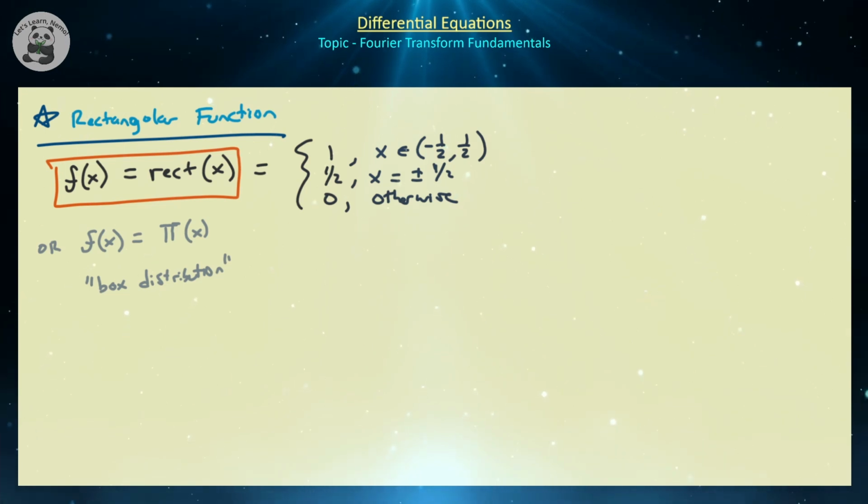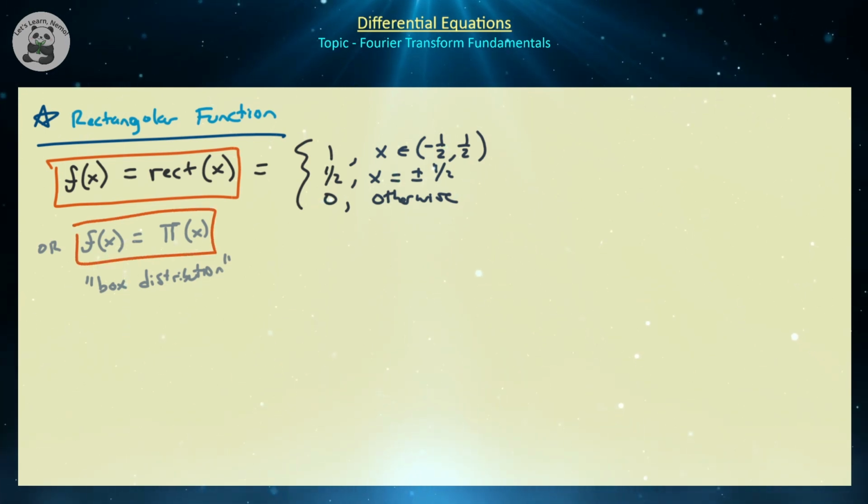Some people also use the Greek letter pi to represent the rectangular function, and some people also call this the box distribution. Also, the definition for this rectangular function may vary as well, depending on the literature and their purpose. But I'm going to take this definition, 1 on the open interval minus 1/2 to 1/2, 1/2 for those endpoints, and 0 outside of that interval minus 1/2 to 1/2.